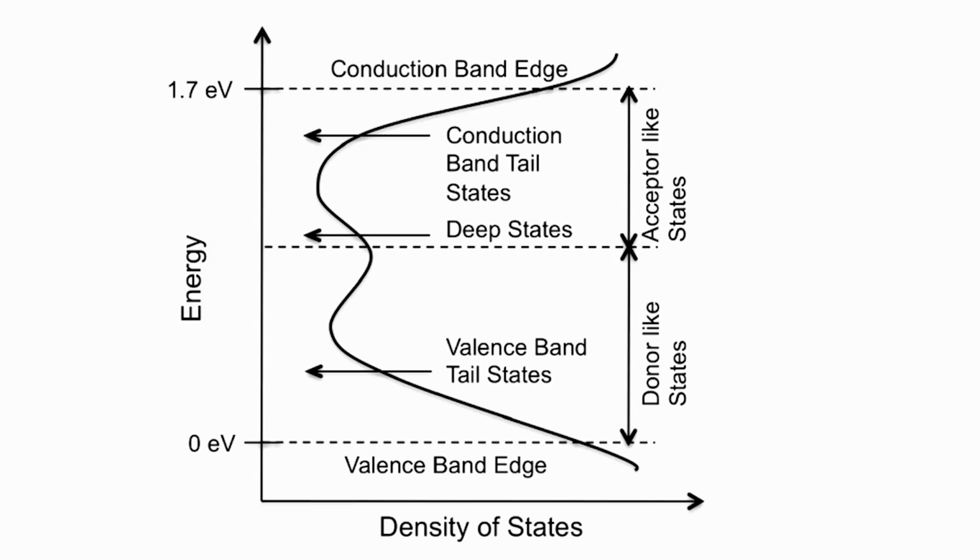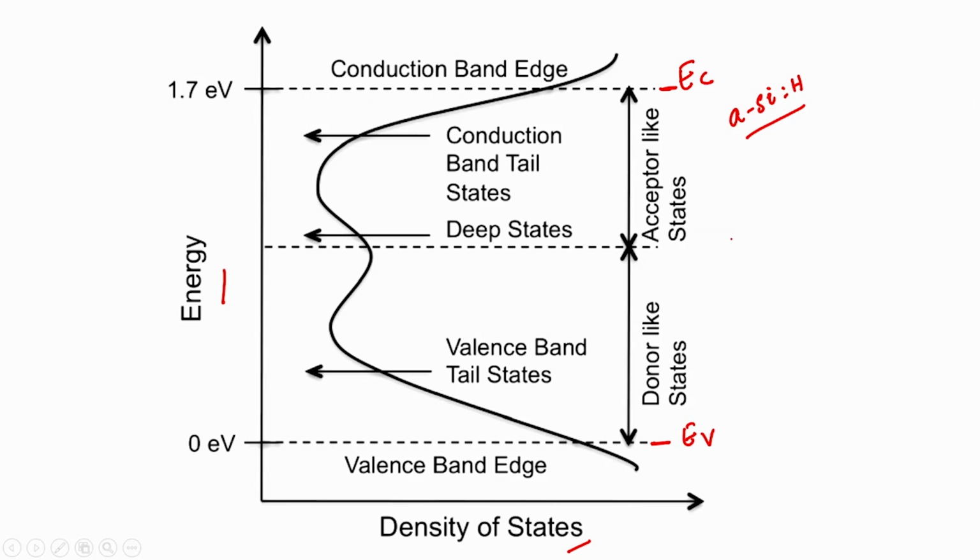So here we could draw, and this example is shown for amorphous hydrogenated silicon, but there is something equivalent for any amorphous semiconductor, something equivalent to our conduction band edge and our valence band edge. This is the plot of the density of states versus energy for an amorphous material.